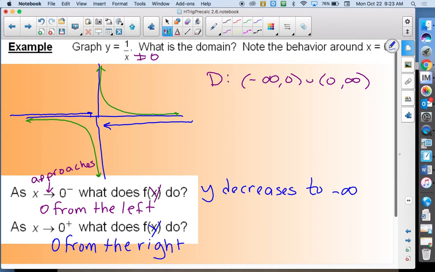Y increases to positive infinity. So a 0 has a left and a right side, and depending on which side you're looking at, the graph does a different thing. On the left side of 0, the graph goes down, but on the right side of 0, the graph goes up.